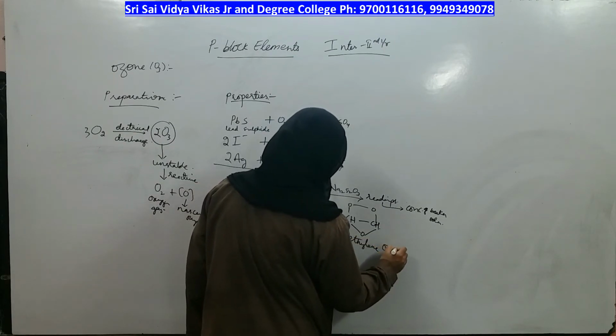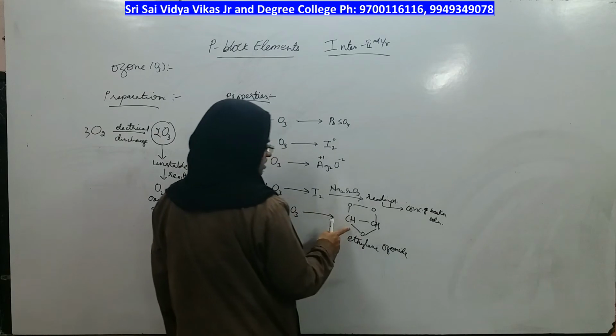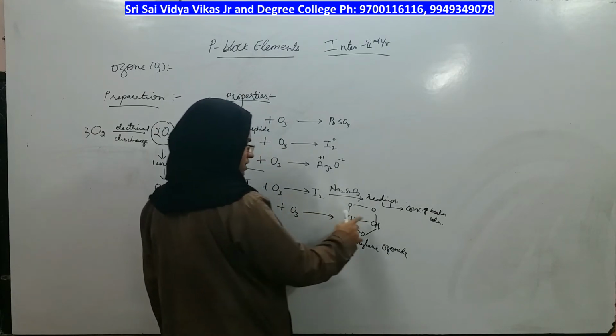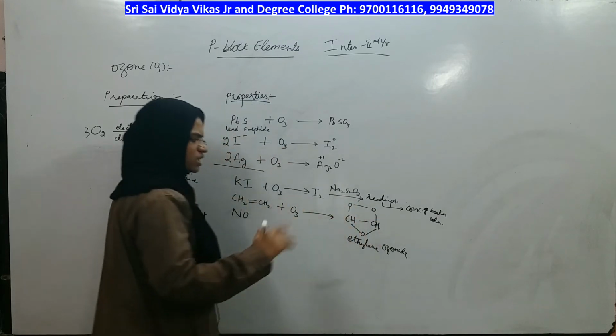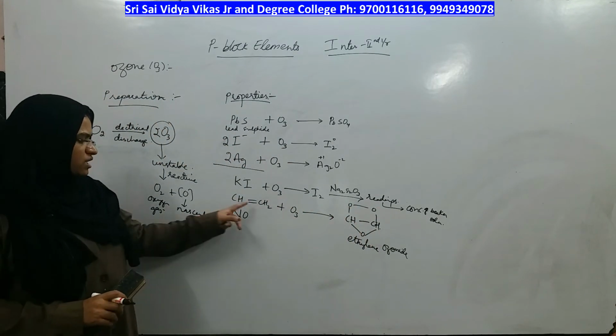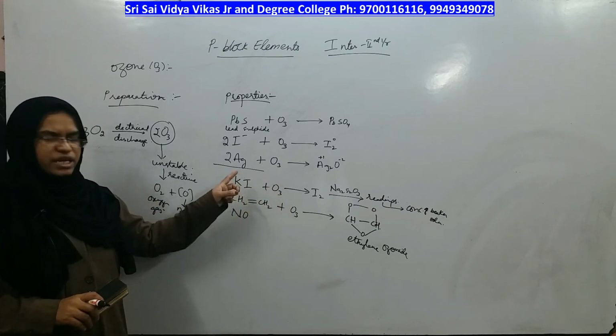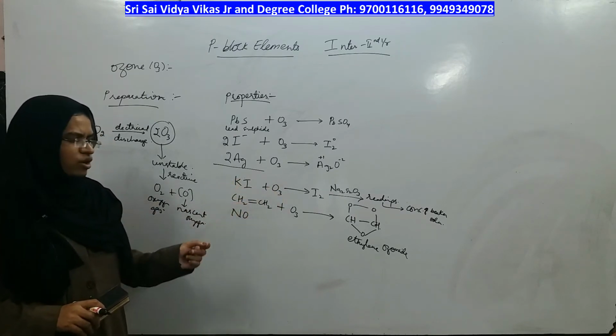You calculate the valency of carbon: 1, 2, 3, fourth one is hydrogen. Same way 1, 2, 3, fourth one is hydrogen. So it is satisfied.